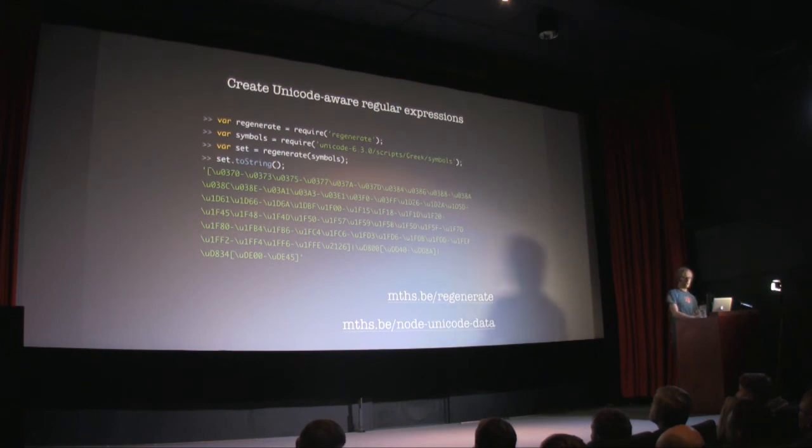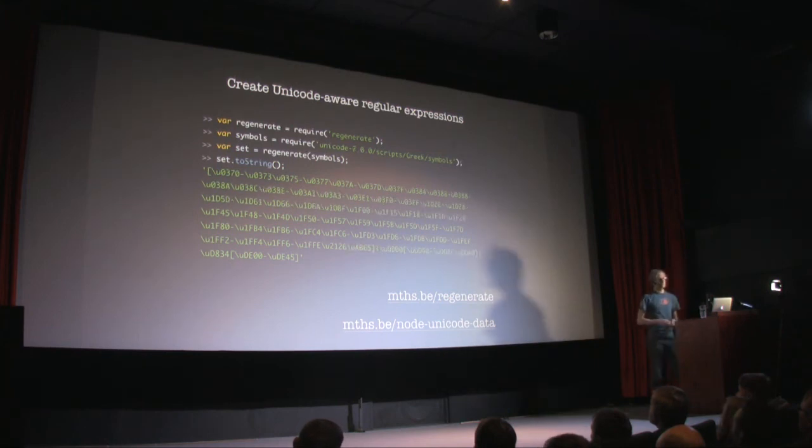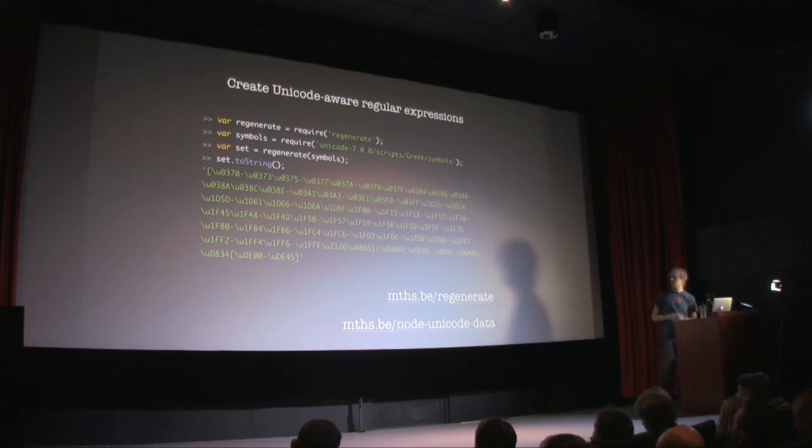But now all I need to do when I have a script like this is just change a single line of code in the script like this. So changing that regular expression manually would have taken a long time, but now all I had to do was change the version number of Unicode that I wanted to use there in the second line, and then run the script again, and just like that, an up-to-date regular expression comes out.